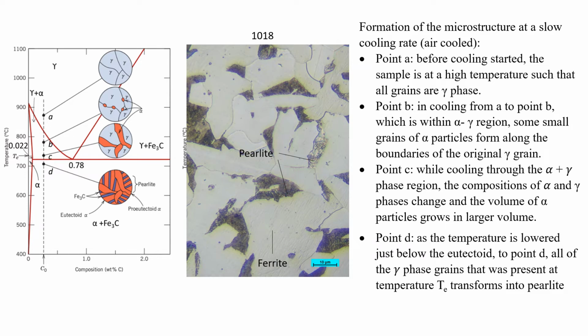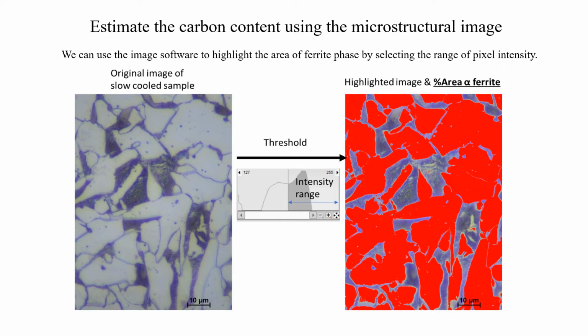Not only can we understand the microstructure using the phase diagram, we can also use a technique that uses the phase diagram to calculate the carbon content of steel. The steps are as follows. First, we take a good image of the slow cool sample.